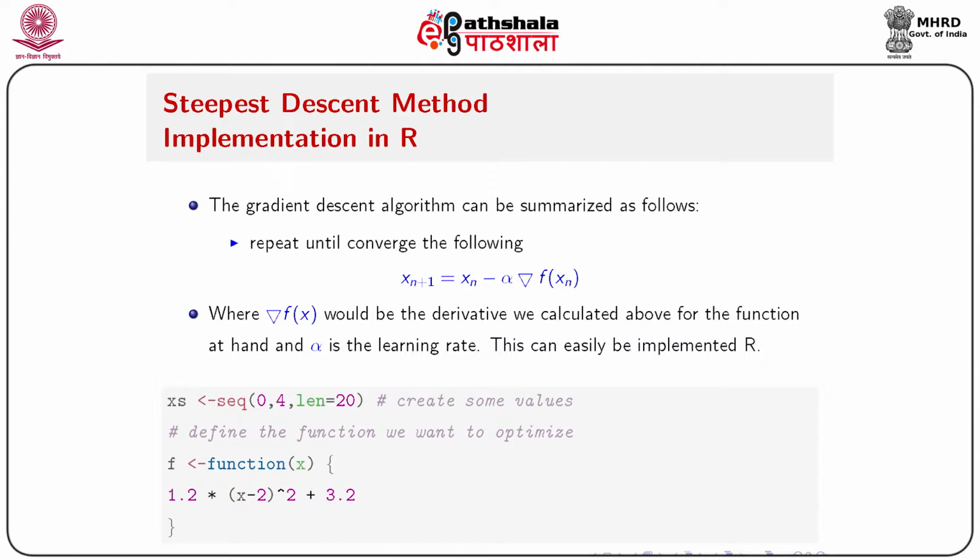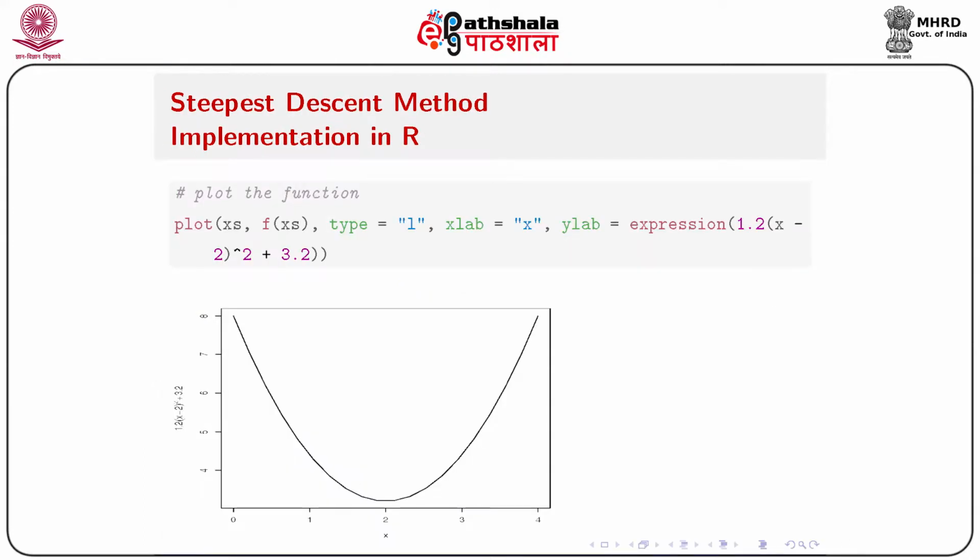So we define f as a function with argument x, and then 1.2 into (x minus 2) square plus 3.2. Just passing the value of x, you will get the value of the function. If I plot this function through a simple plot command, plotting fx against x, you will get a plot like this.